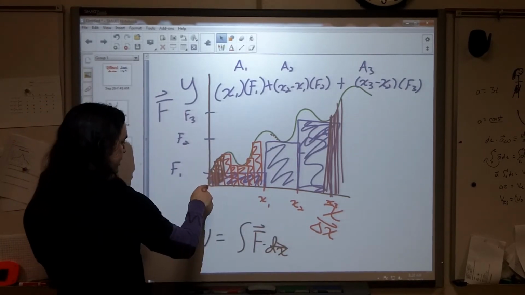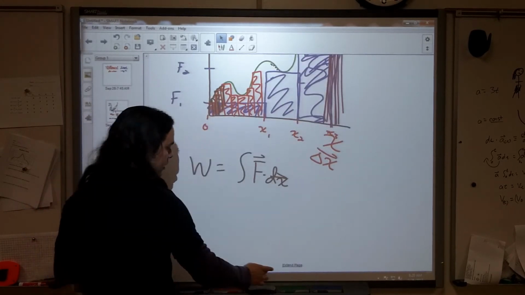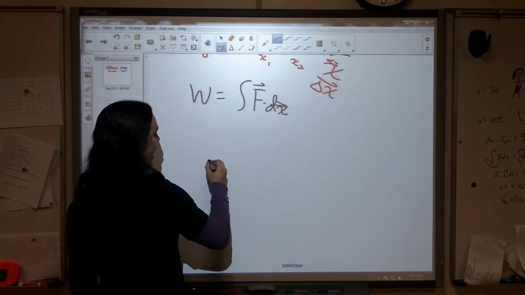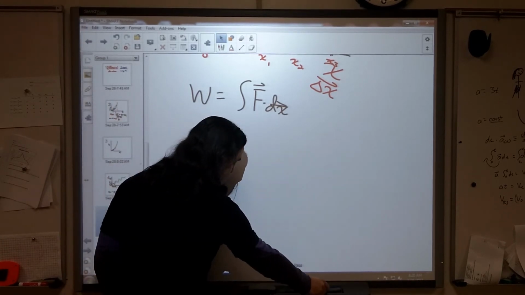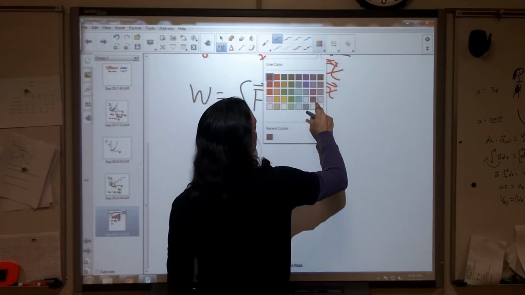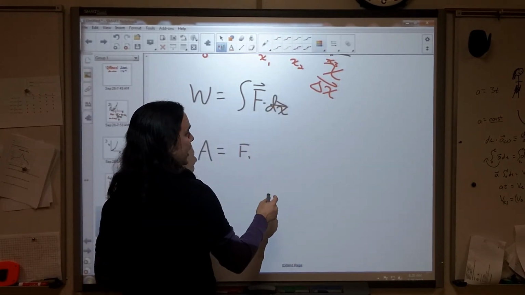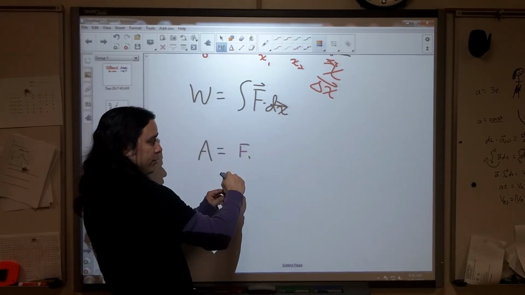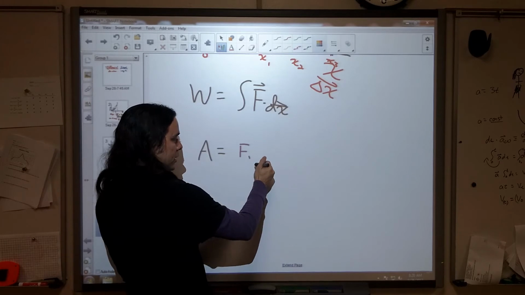Well, for that, what I would need is, let's say f1, f2, f3, f4, f5, f6. Basically, what I'd end up with is the following. I would find my area under the curve, which would be equal to the first area, and that would be the height, let's call that f1, times the base. I've got the height of the rectangle times the base, but remember, my goal was to make that infinitely thin.